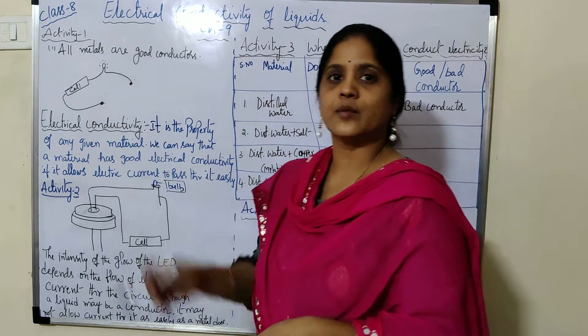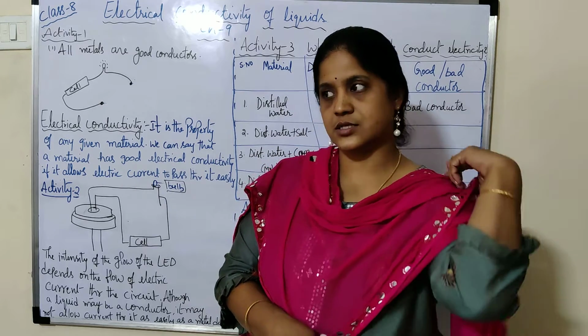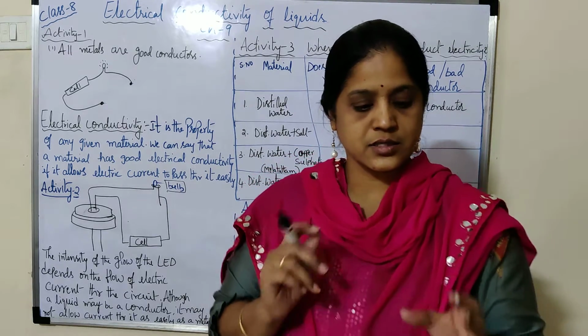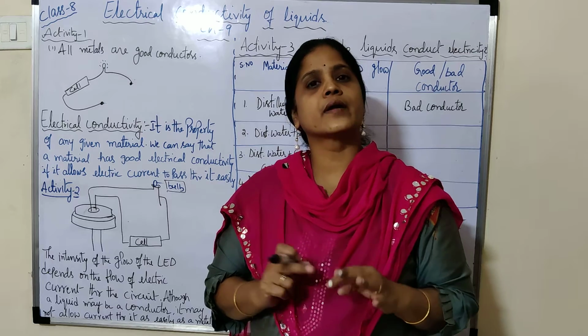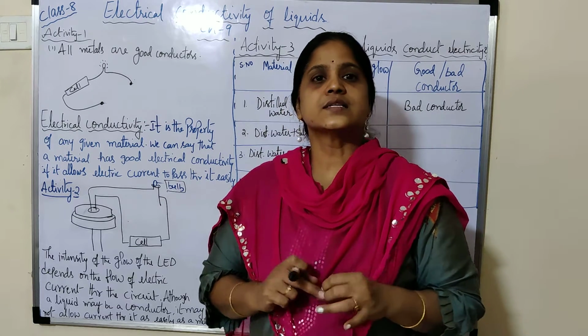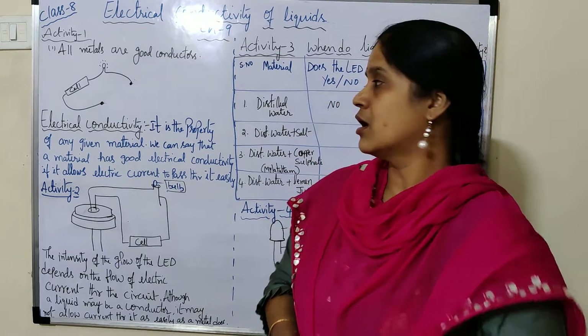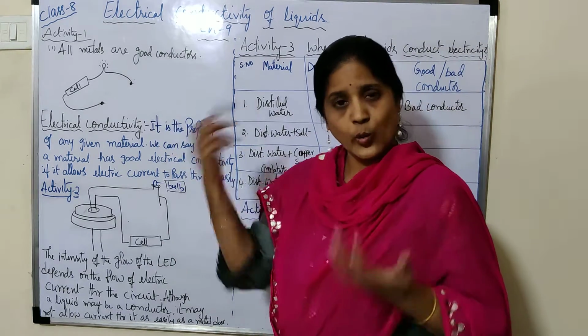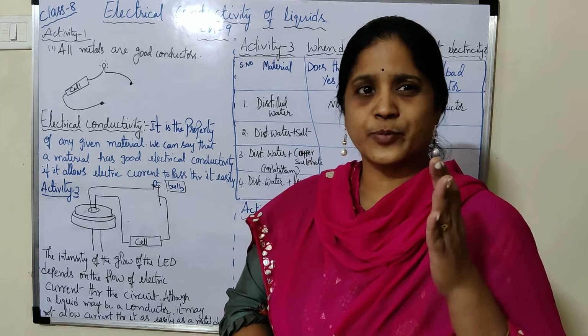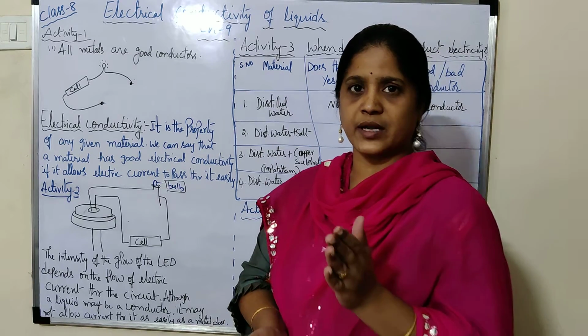So we came to know that metals are good conductors of electricity, and among the conductors, iron, copper and aluminum have a high electrical conductivity rate. Now, what is electrical conductivity? It is the property of each and every material.